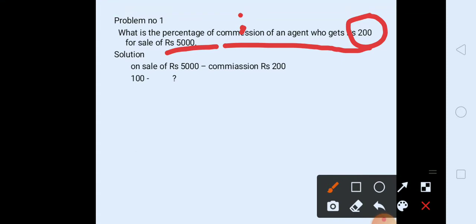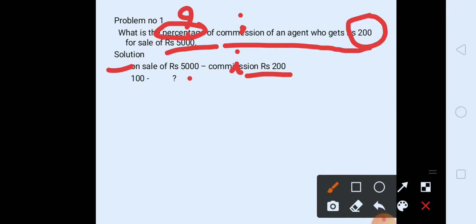So you should write here, on a sale of 5,000, commission is 200, it is given. They have been asked the percentage. So on a sale of 5,000, commission is rupees 200.